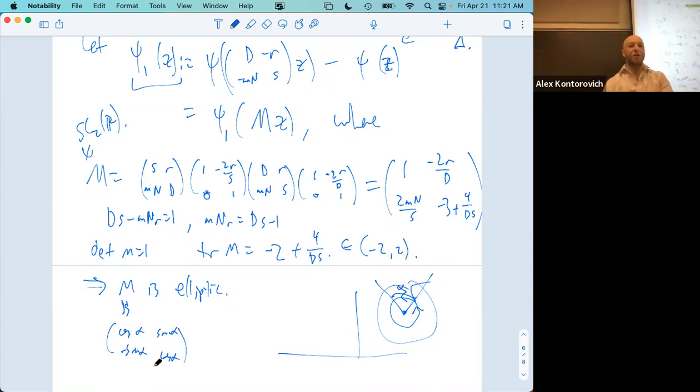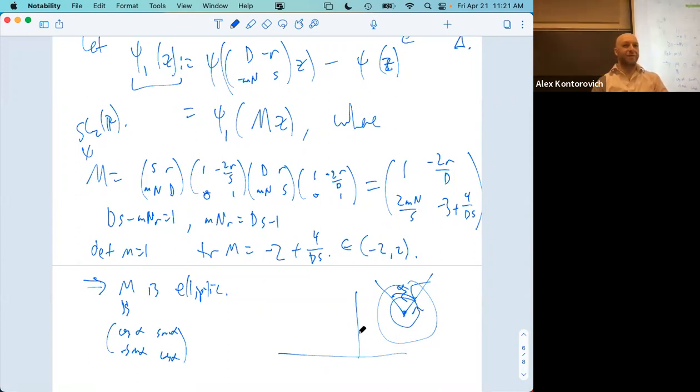Being elliptic means you're conjugate to K, you're in some conjugate of K. So if I conjugate this fixed point to I, then it looks like this. The fixed group of I is K, SO2. Whatever I need to move the actual fixed point of M to I.